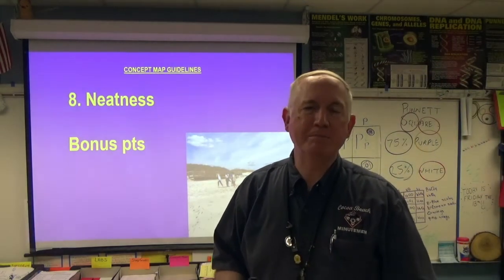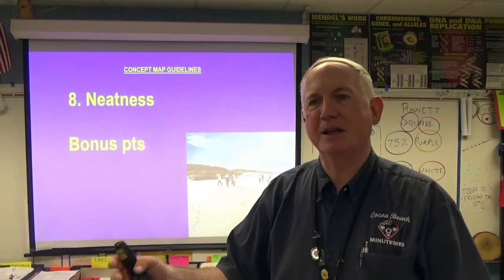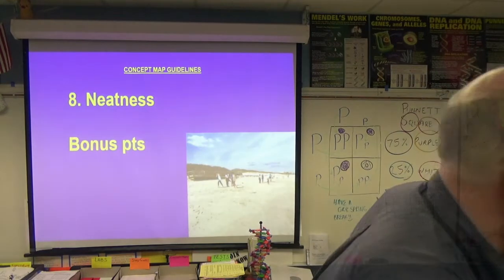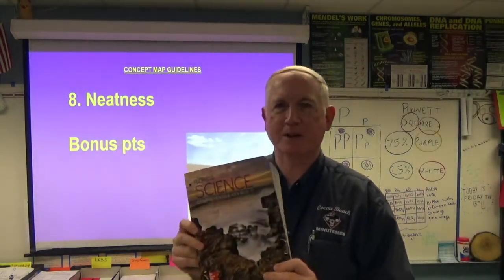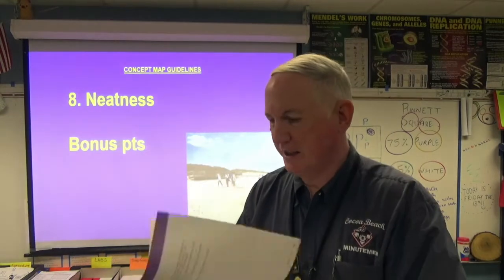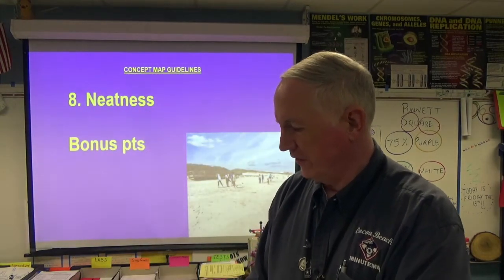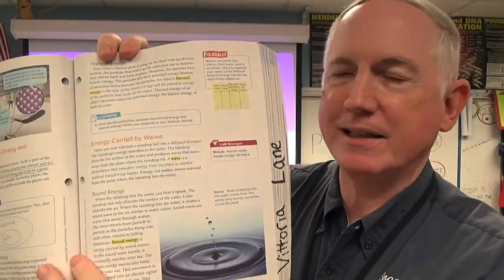The right way to build a concept map is for you to have the book open. You're actually reading the textbook. Okay, so I've got this textbook here, and what you're supposed to do is get it open and start reading it. And you'll find that there's lovely words there highlighted in yellow.